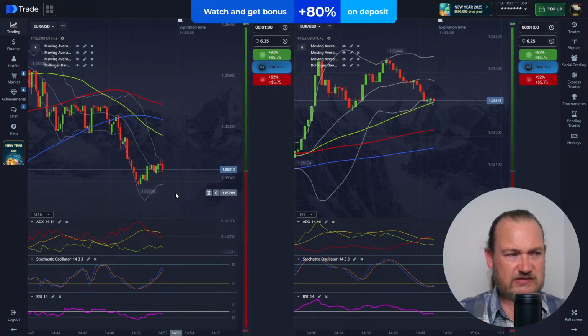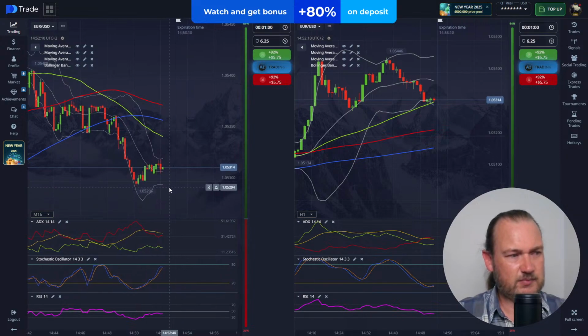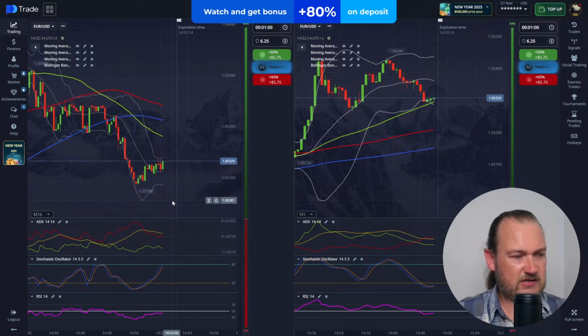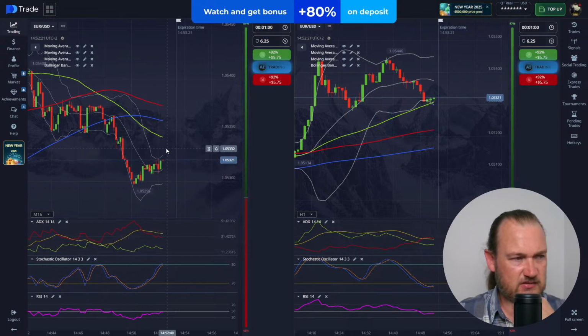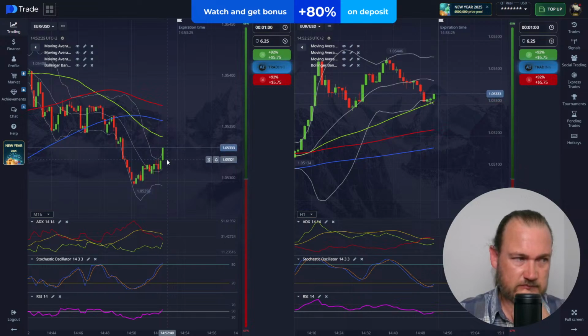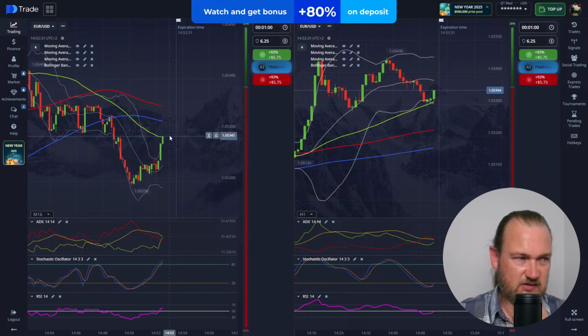So it's not a definite that it will happen, but I know that I can pay attention, and we might get a setup in this area. We also might get a hidden bearish divergence setup now. That could actually take place. If it does take place on this moving average, we can take advantage of that as well.